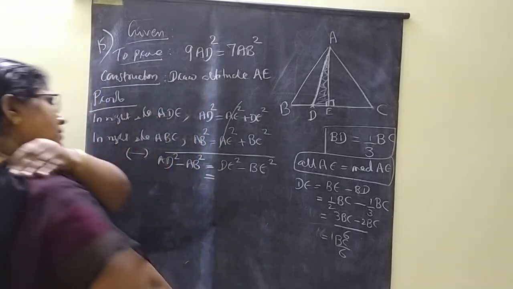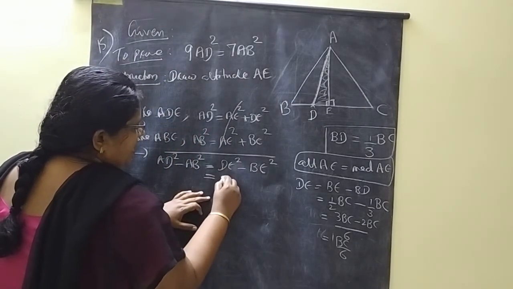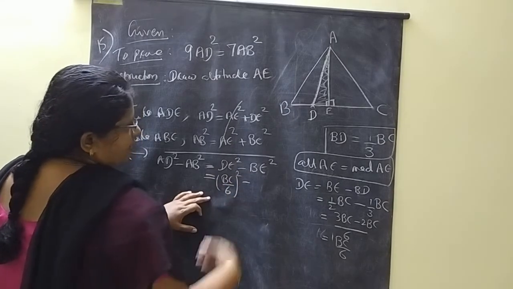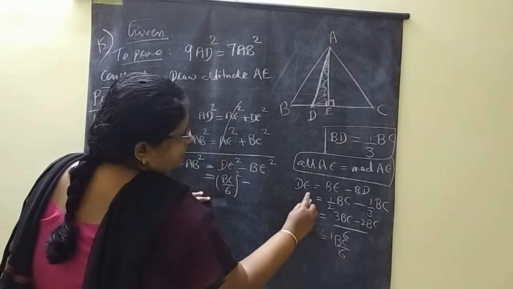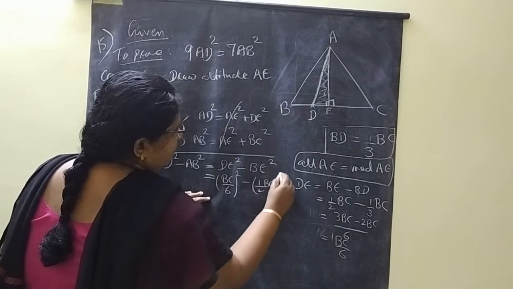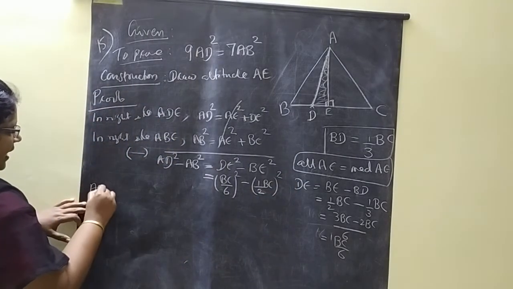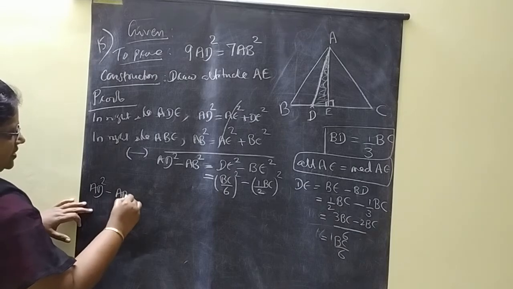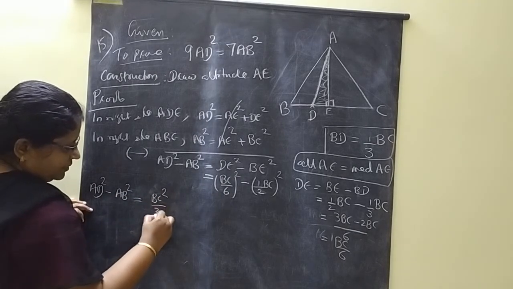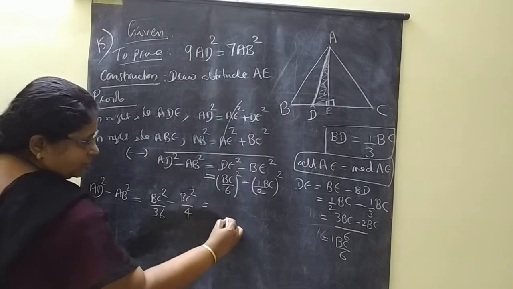So now here we are going to apply DE place BC by 6 whole square minus BE. We already written. What is that? Half BC whole square. So AD square minus AB square is equal to BC square by 36 minus BC square by 4.